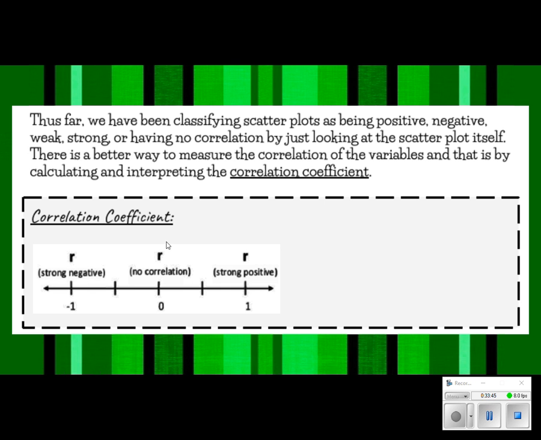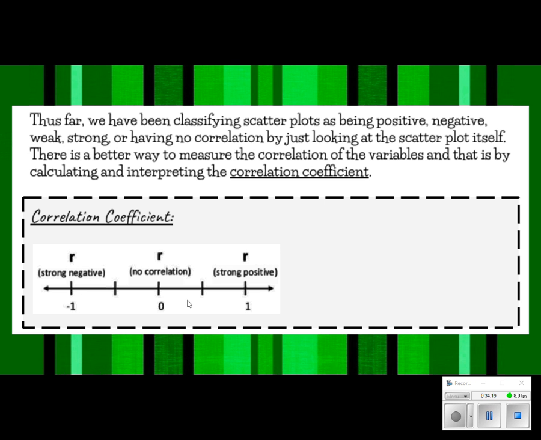Now, no correlation, remember that the dots are kind of spread out. There's no relationship between the variables. This is our height, tells us how many test points we're going to get. No correlation should be close to 0 or at 0 exactly. If we have a strong positive, then we should expect numbers close to 1. If we have a strong negative, we should expect numbers close to -1. So just because you have a -1 as your r value does not mean that it's not strong.